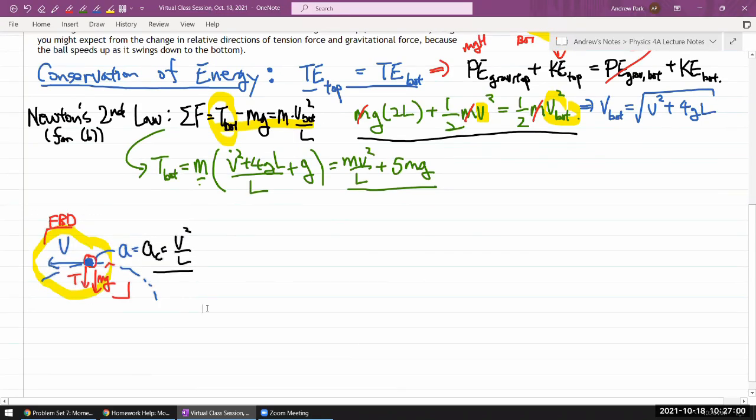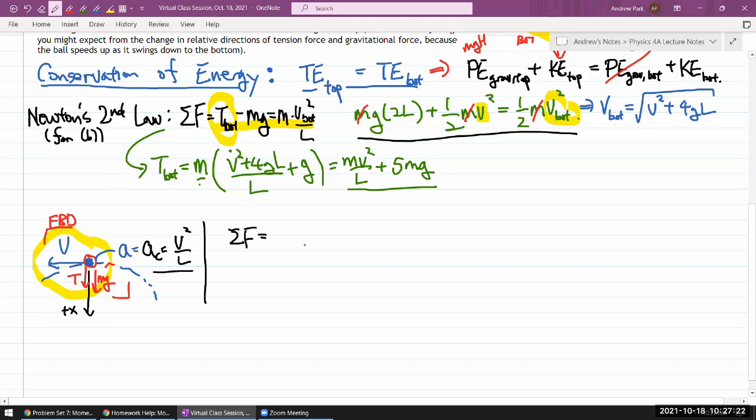So I've done standard strategy, step number 1, free body diagram, and I thought about acceleration and defining my axis. Let's define this as my plus x-axis. No forces to break down into components. Everything is already pointing in plus x direction. Now I can write down my Newton's second law equation.